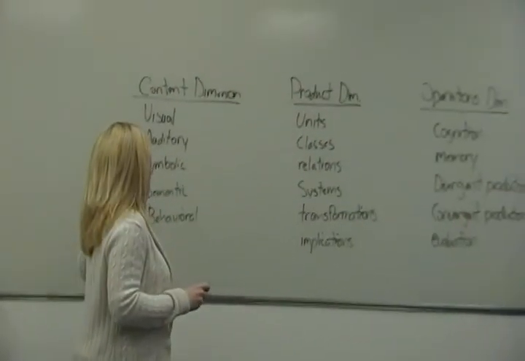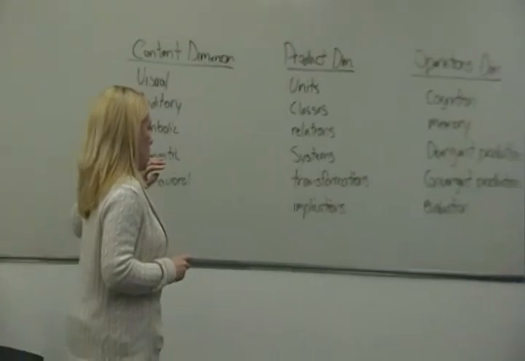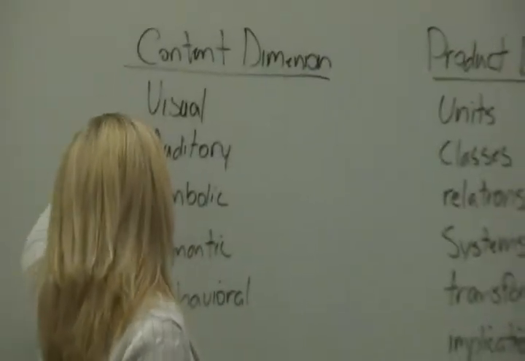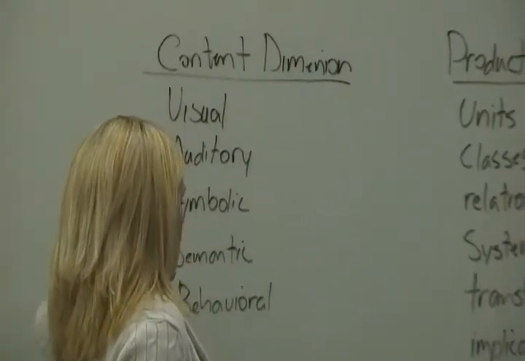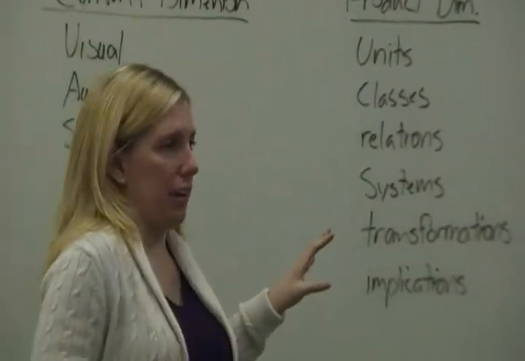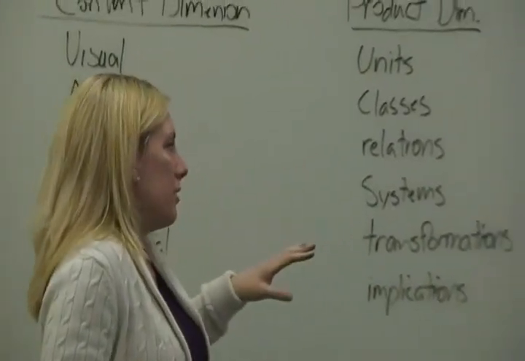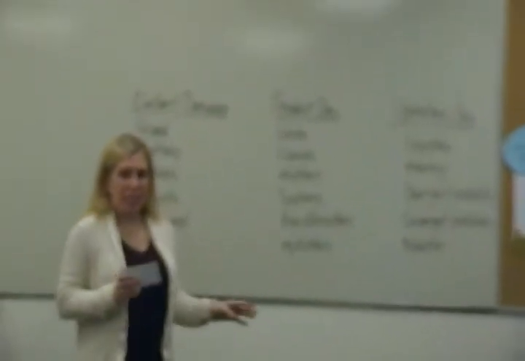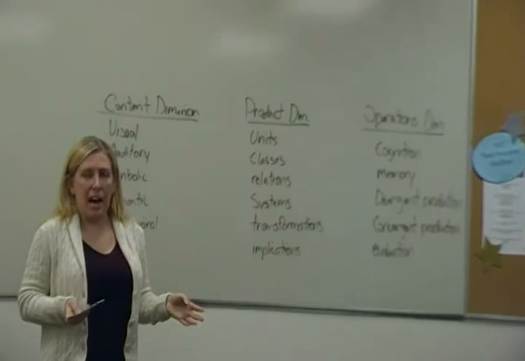He thought that there were different ways of testing people and utilizing their different visual, auditory, symbolic, behavioral, different things to look at the information given. So basically what it did was it came up with all different types of classifications or abilities that people might have.